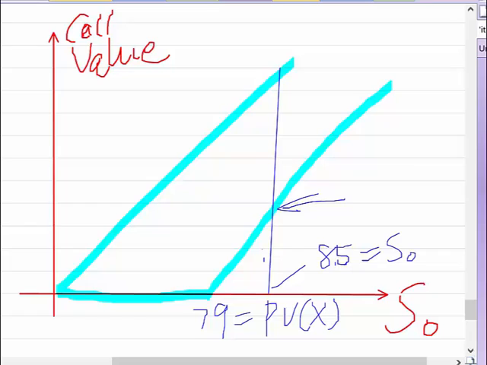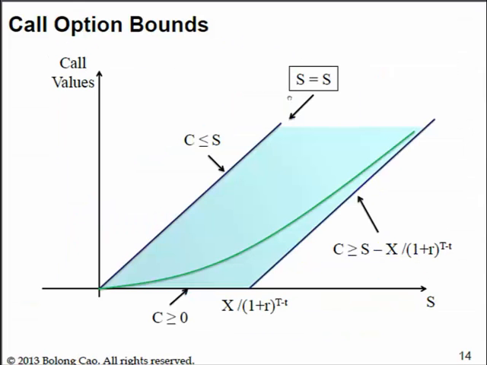The lower bound value here is what? 85 minus 79, which is actually $6. The upper bound is 85 itself. If we look at our picture, the upper bound is the stock price, and the lower bound is the stock price minus the discounted strike price.